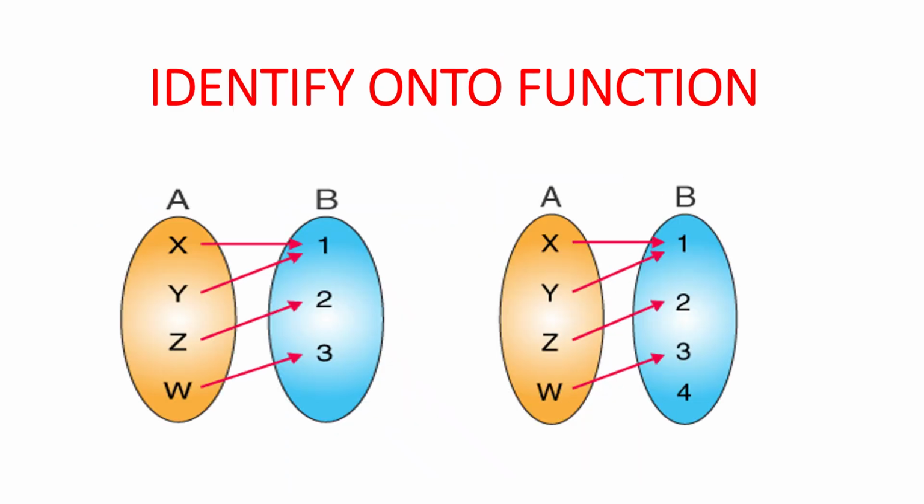Let's check for an onto function. In the first diagram, function is that x is mapped with 1, y is mapped with 1, z is mapped with 2, and w with 3.